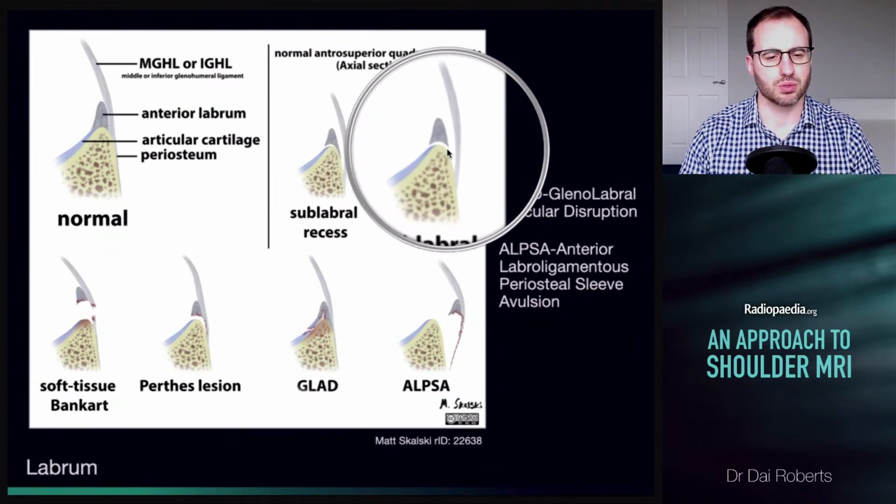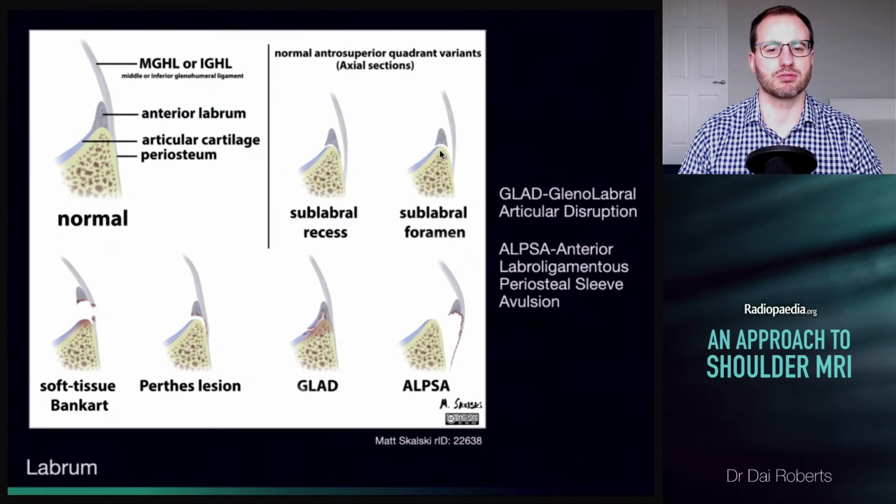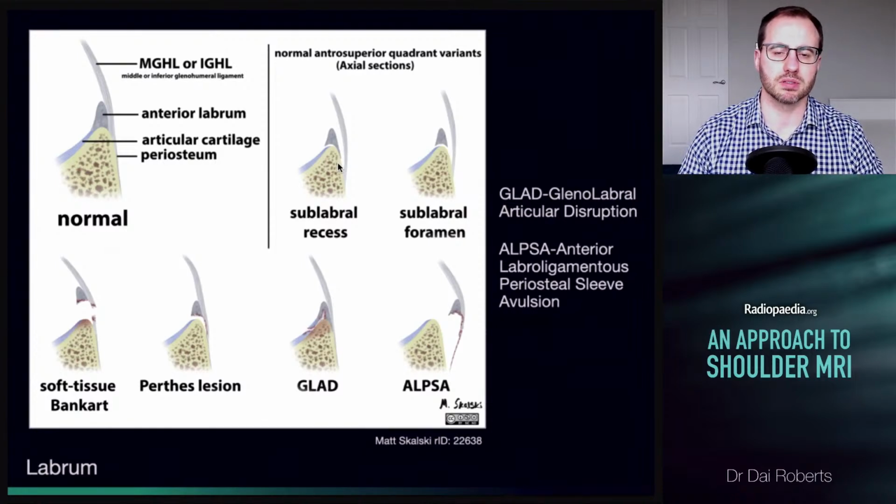It was always taught to me that if someone doesn't have a Hill-Sachs defect, and all they've got is these changes within the 12 o'clock to 3 o'clock position, be really careful about calling these tears, because most often they're not. So we're really looking at that 3 o'clock to 6 o'clock position, that anterior inferior labrum, and these are the areas in the anterior superior labrum where you can get an anatomical variance.